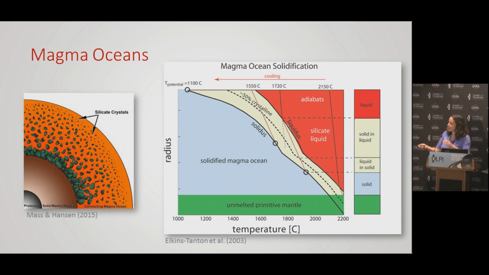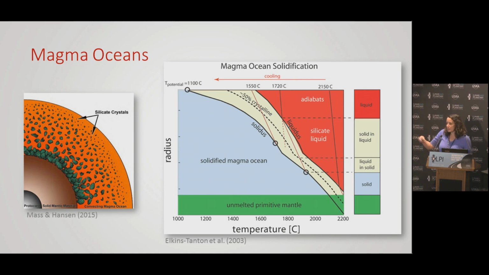So this is a cartoon schematic of how a magma ocean is solidifying, which is shown much more diagrammatically over here. What we're seeing here is, again, the solidus of the silicate mantle and the liquidus. This is the region in here where the mantle is partially molten. So you can see there's solid in liquid or liquid in solid, depending on whether you're closer to the solidus or the liquidus.